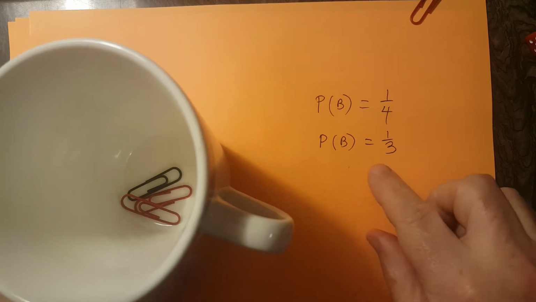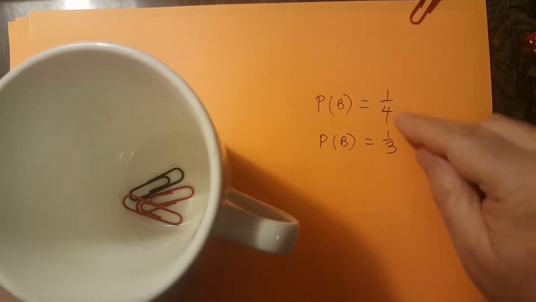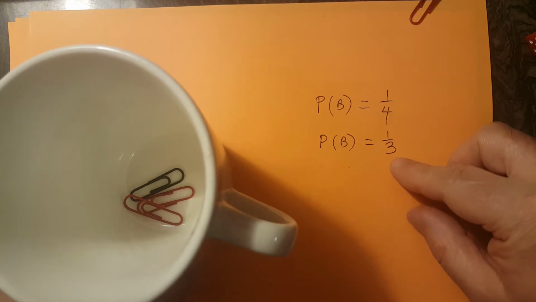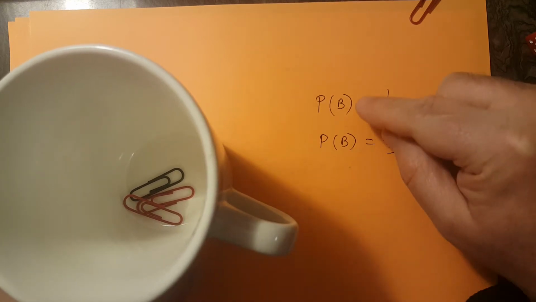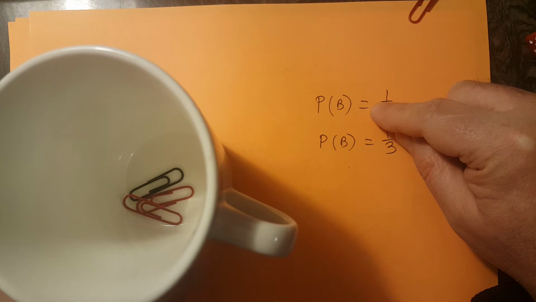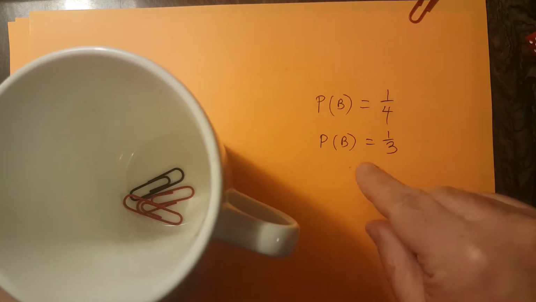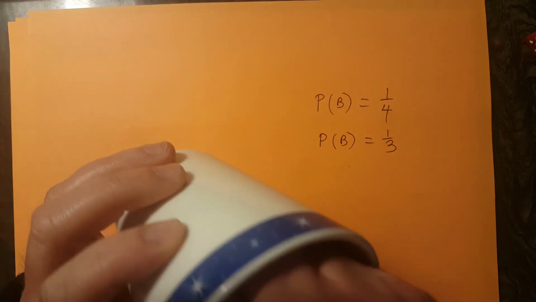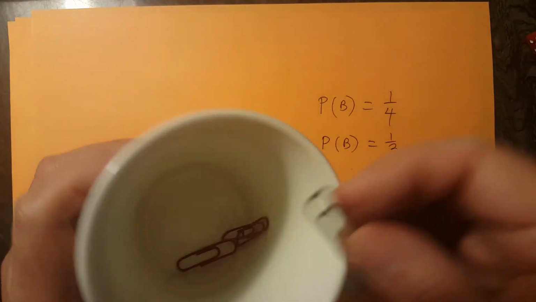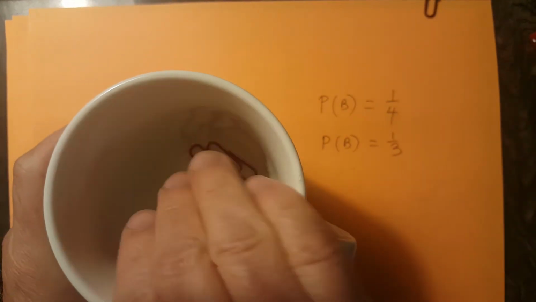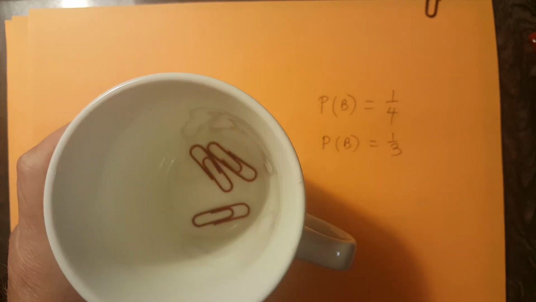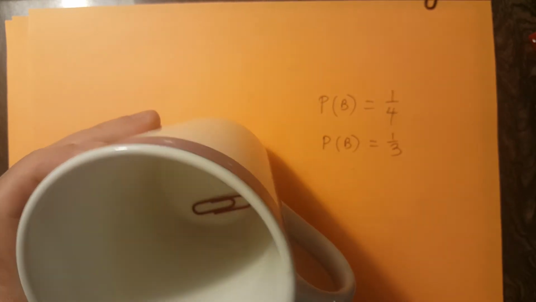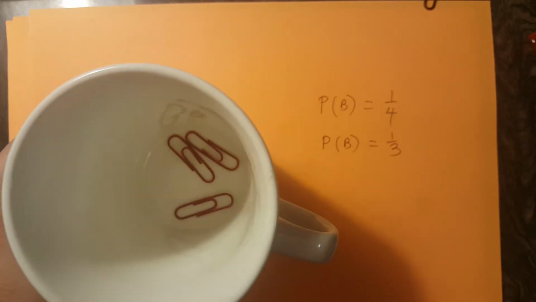So the probability has now changed, so the outcome of one event has changed the probability of the second event. Not to mention, what if I had drawn a black one the first time and thrown it away? Well, then there's no way I could have drawn another black one, because it would be gone. And now my chance of getting a black one would be 0 on the second event. So that's an example of a dependent event.